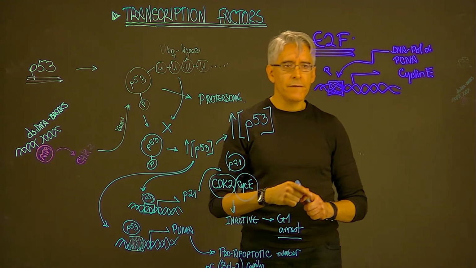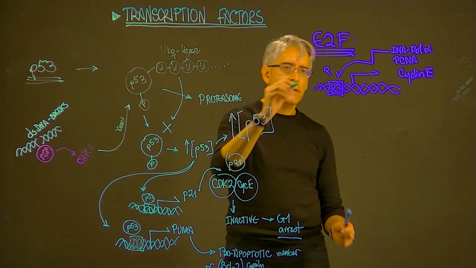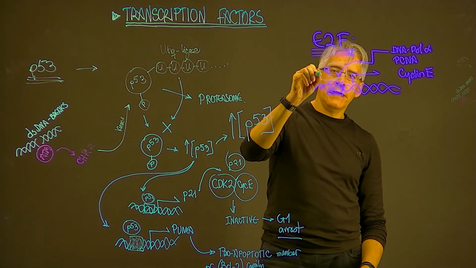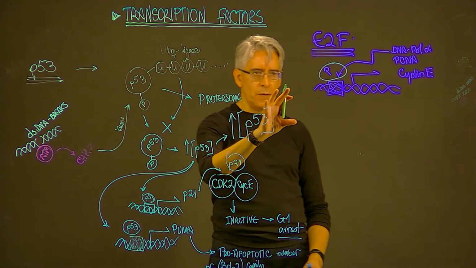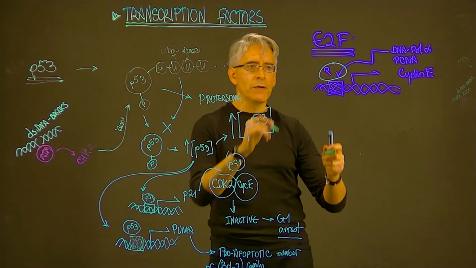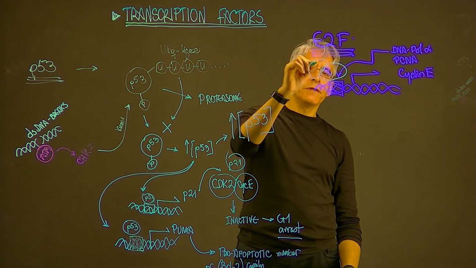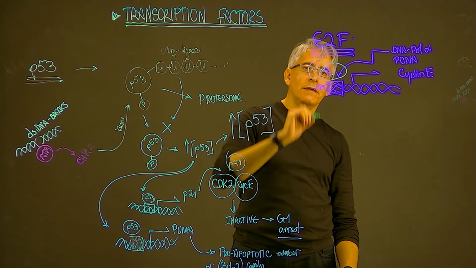So E2F will bind to those different promoters, and it will remain bound to those promoters. However, the moment that it binds to those promoters, it typically becomes associated to another protein, a protein known as RB.